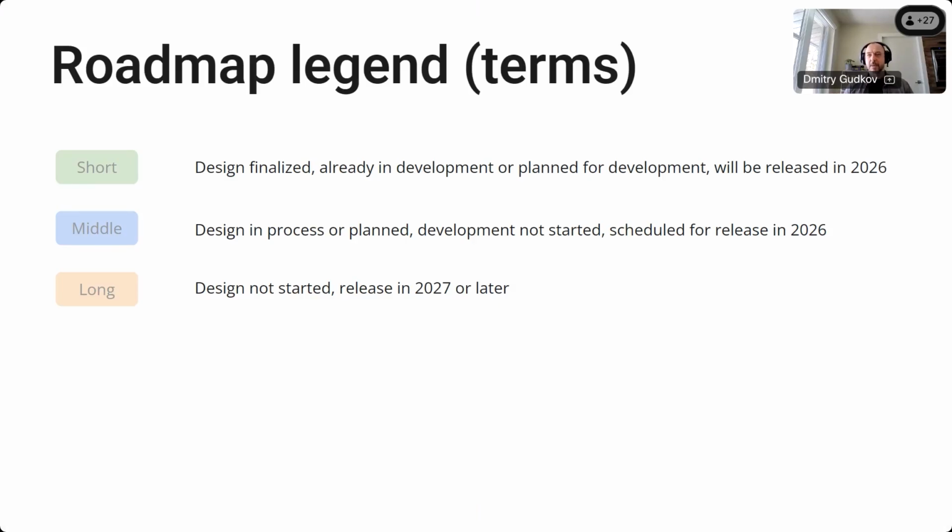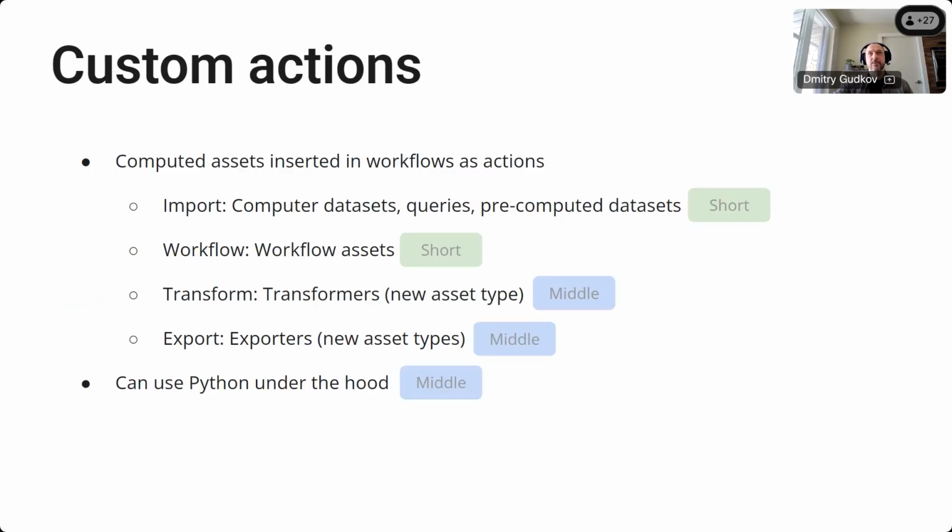We keep them in mind, we plan for them, but development will start probably closer to the end of this year or next year. So those features will probably appear somewhere next year. So that's the legend.